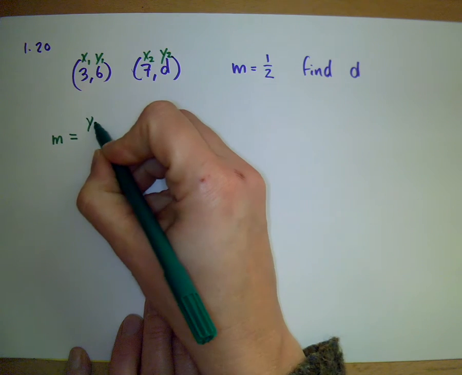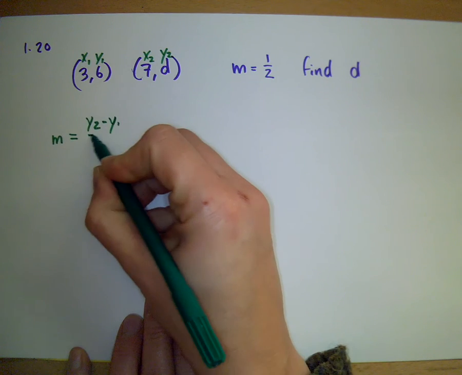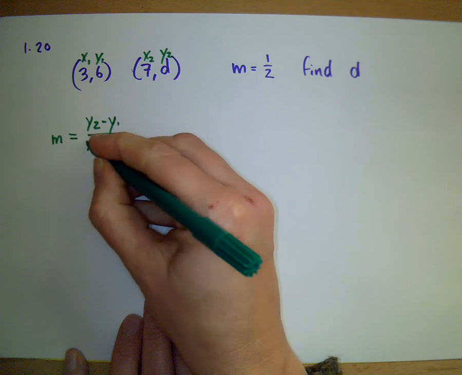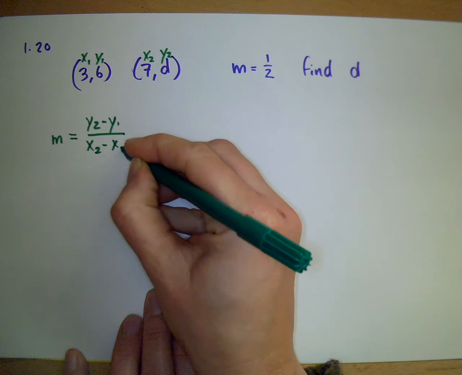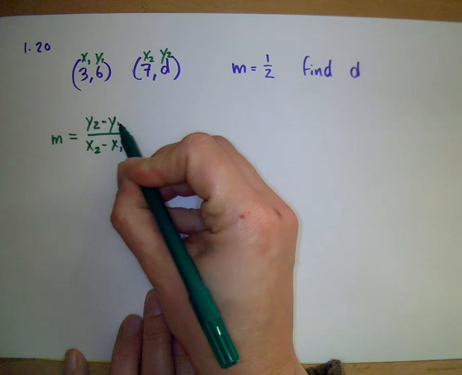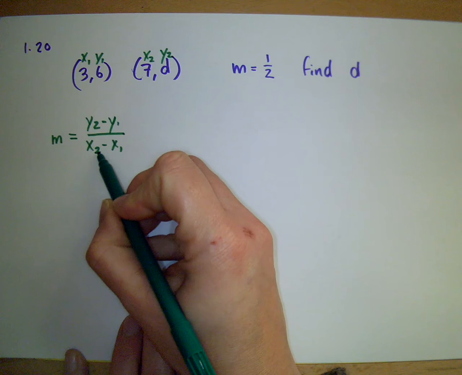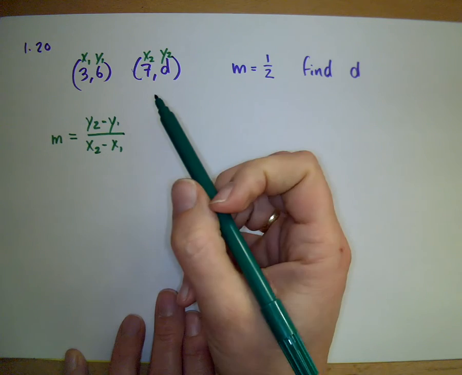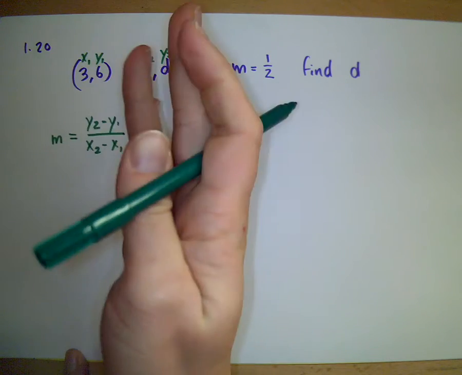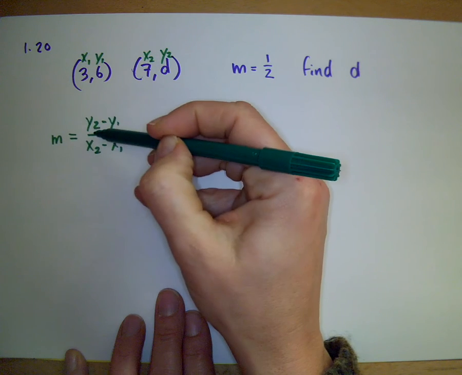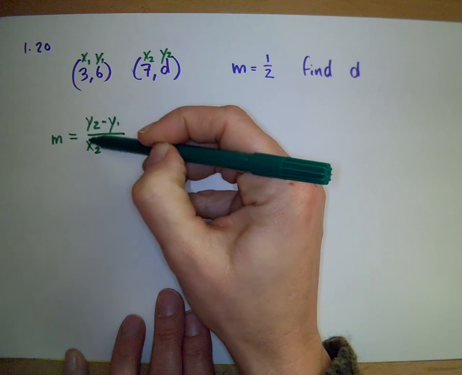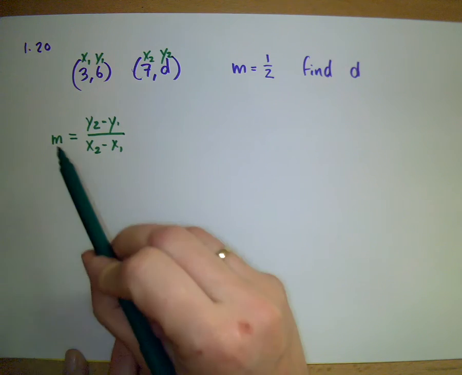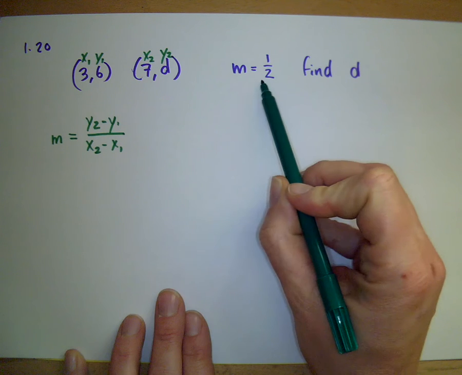So we take the second one minus the first one, divided by the difference in x values. And here, if we're going to do y2 minus y1 here, we're going to do x2 minus x1 here as well. We could switch these points, but we have to be consistent in starting with the second point or starting with the first point. So if this is our formula, let's plug in the things that we know.